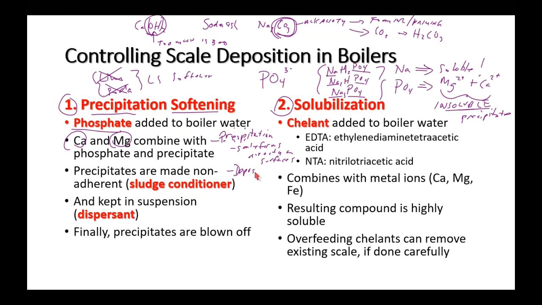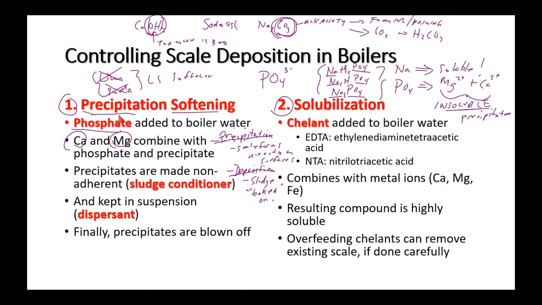Deposition is after the scale precipitates have formed, the precipitates can form a sludge, and it gets "baked" onto the heating surfaces. So two sort of scale processes: one is precipitation, the other one is deposition.